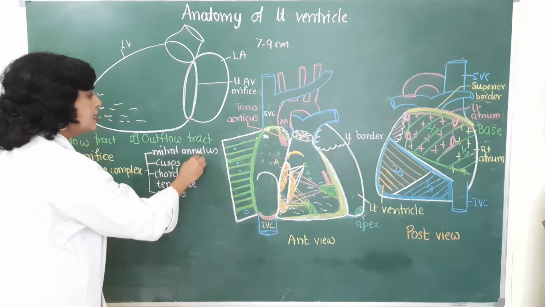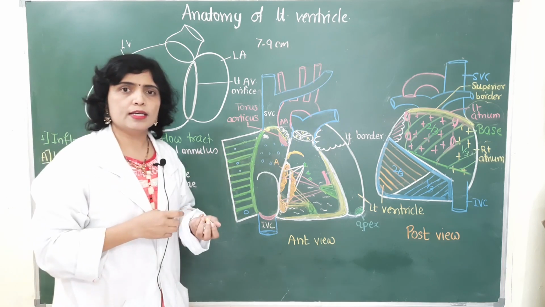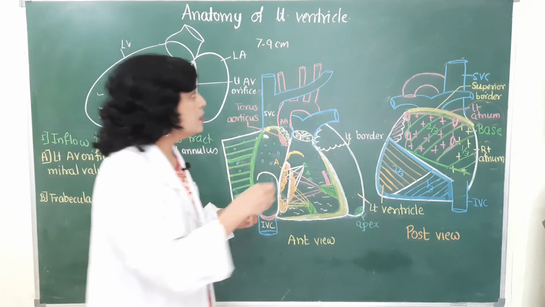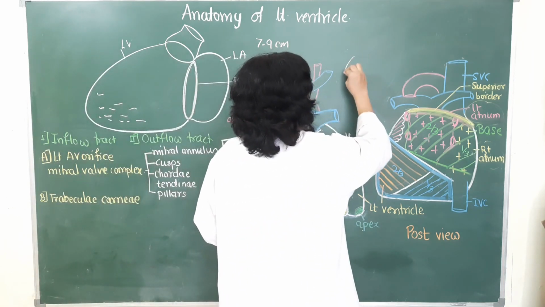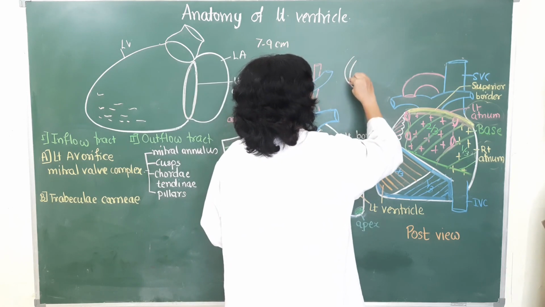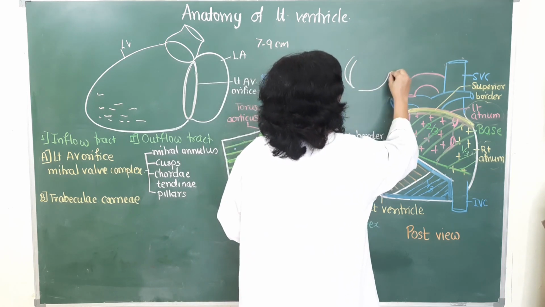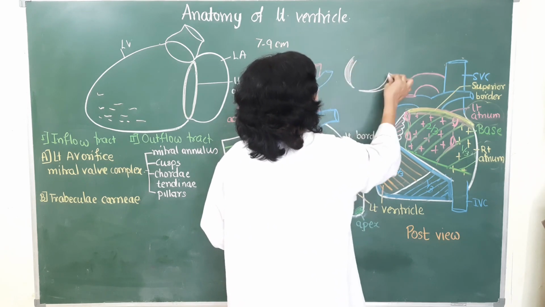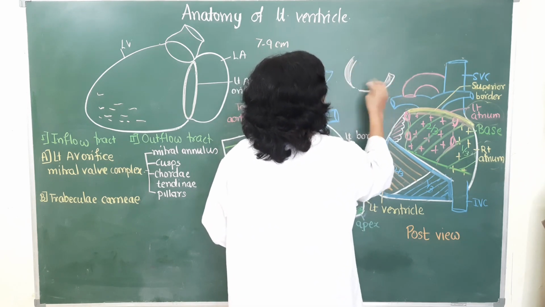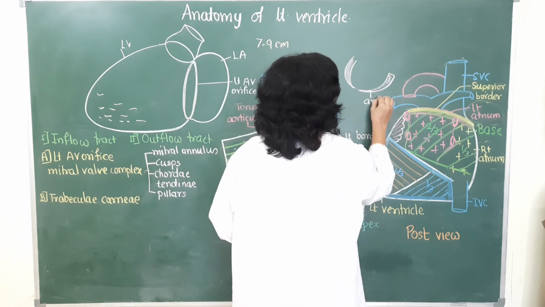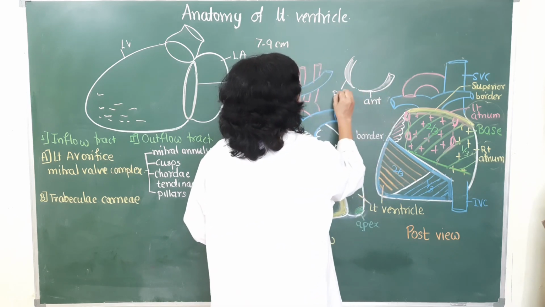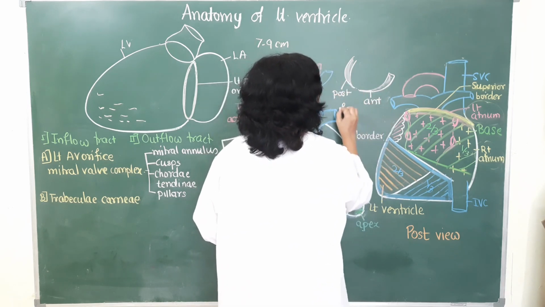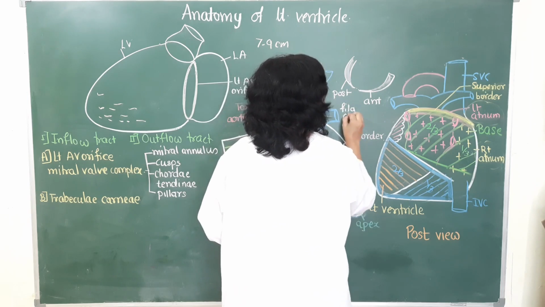The mitral annulus, like the tricuspid annulus, consists of anterior and posterior collagenous rims of the filum coronarium. So here you get, this is the anterior and this is the posterior filum coronarium.